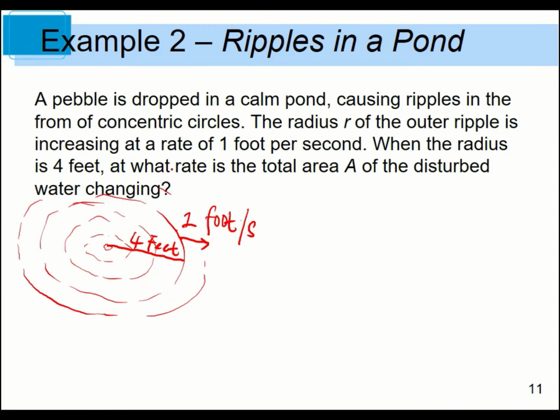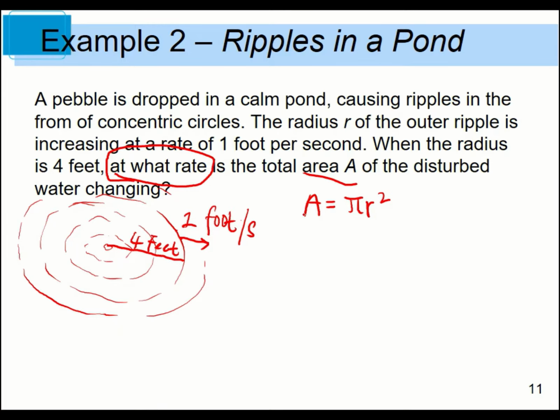We want to know at what rate the area is changing. Since this is related to area, we need the area formula. The area formula is pi r squared for a circle.